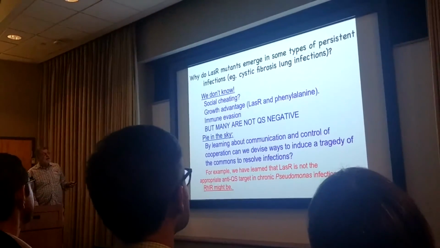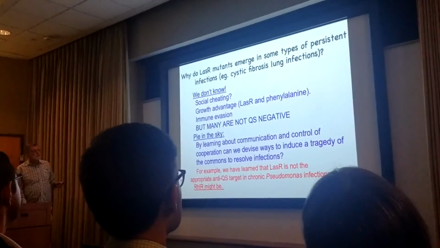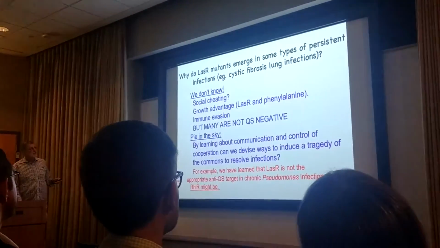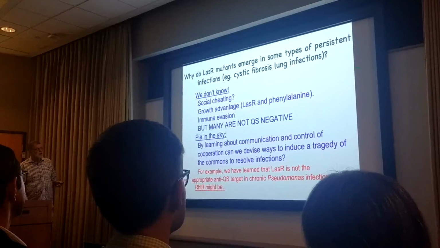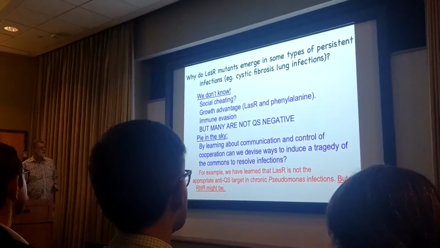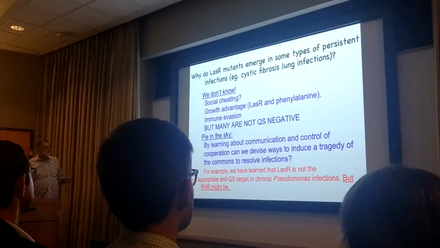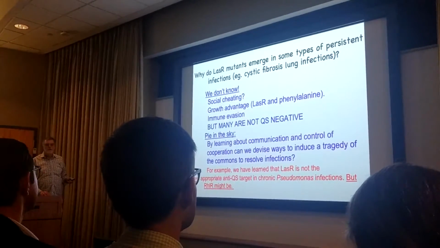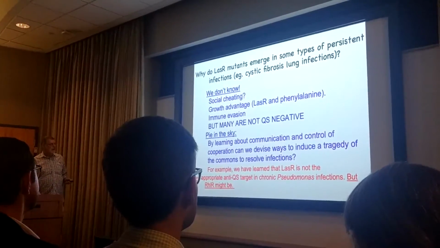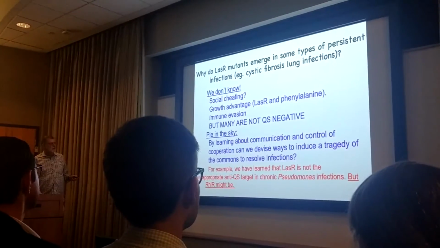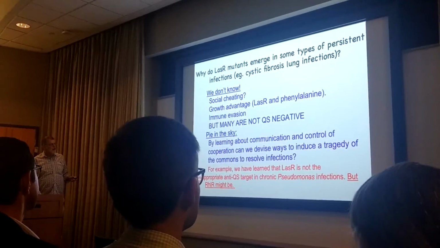We'd like to know why LasR mutants emerge in CF infections and actually in certain other types of persistent infections. We don't really know yet. It could be social cheating. I might get an argument from the back row about that. There could be some sort of growth advantage.